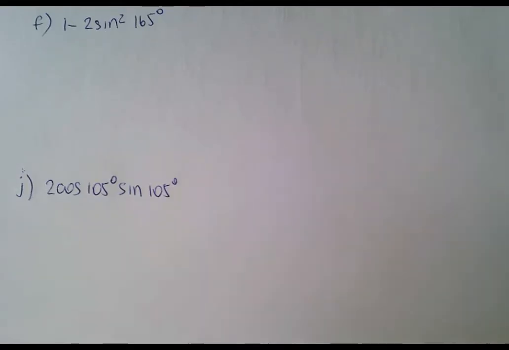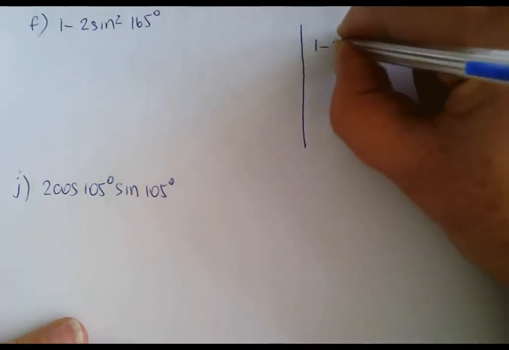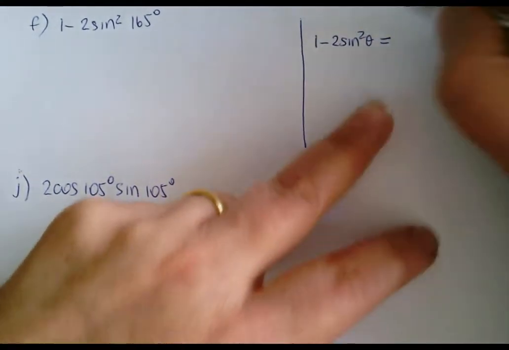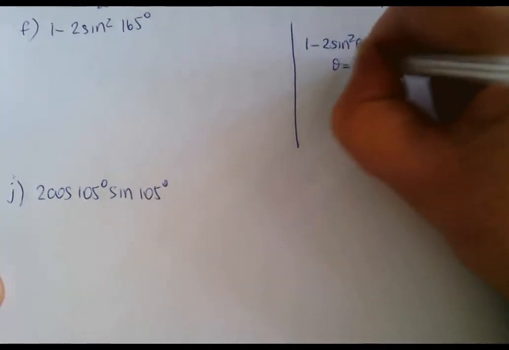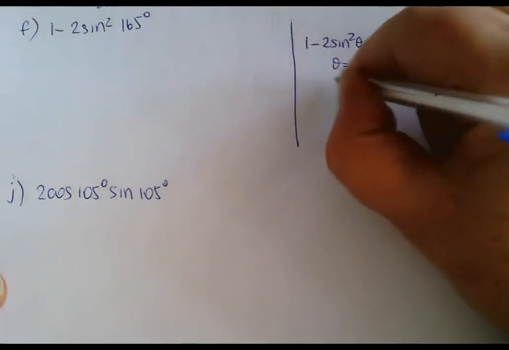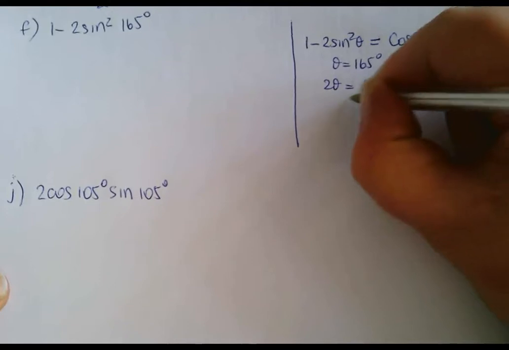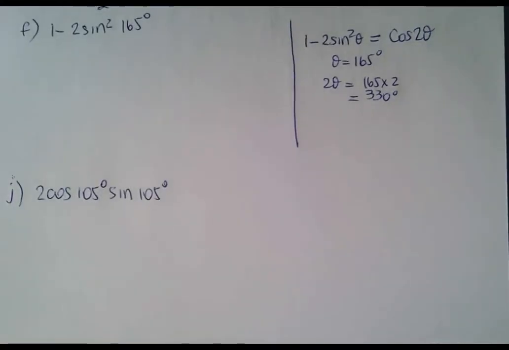Exact value for 1 minus 2 sine squared 165 degrees. This is the result. 1 minus 2 sine squared theta is what? Cos of 2 theta. Not squared, cos of 2 theta. So in this case, theta is 165. So your 2 theta, you can even do it over here. 2 theta is 165 times 2. Is that 330? Yeah. So you can do all your little bit of working out on the side.